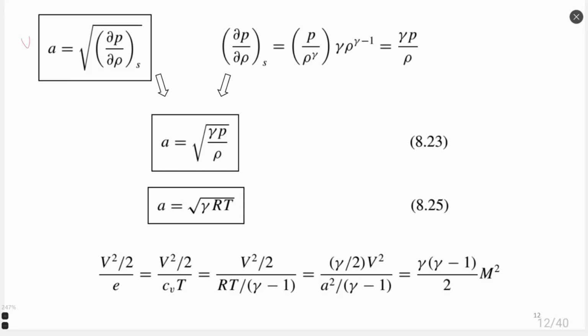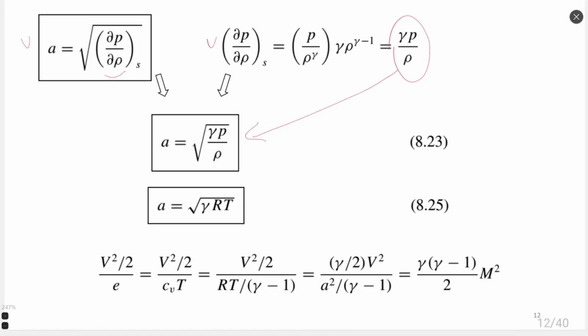These isentropic relations you may see here on the right. When we combine together the derivative of pressure by density, we start to have, instead of a derivative inside our equation of speed of sound, just an algebraic equation.